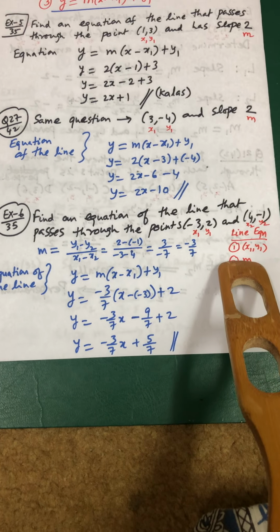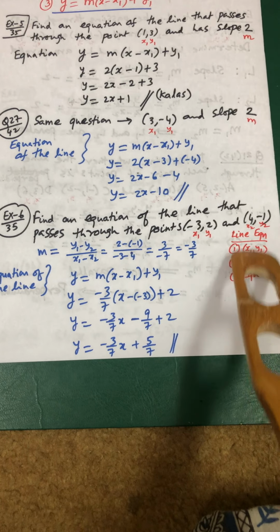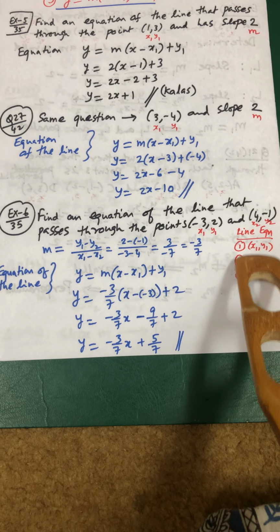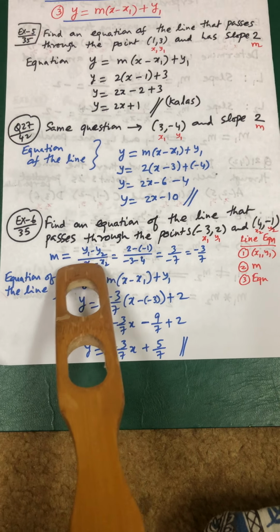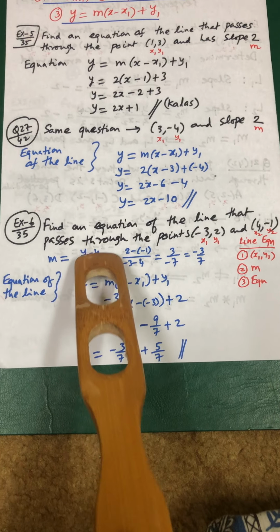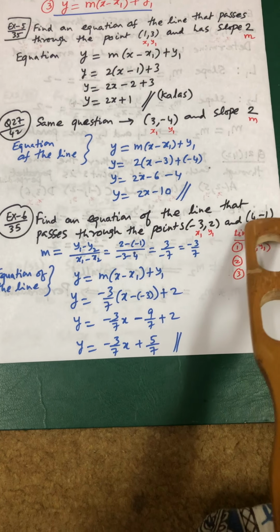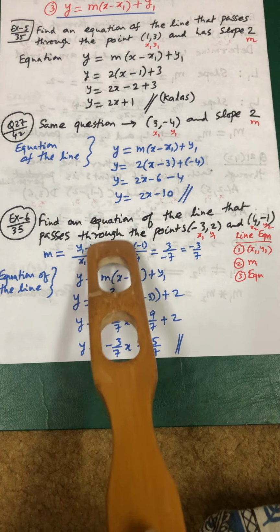Another is the slope m, which we have to calculate. Third one is the equation. Next we have to calculate the slope. What is the formula for slope? y1 minus y2 over x1 minus x2. Here 2 minus minus 1 over minus 3 minus 4. On simplification using a calculator, you get minus 3 over 7.